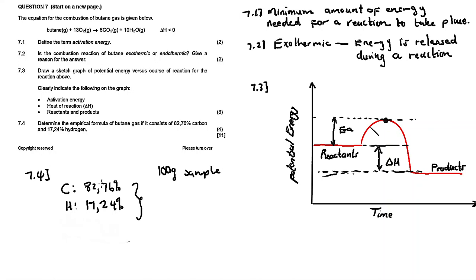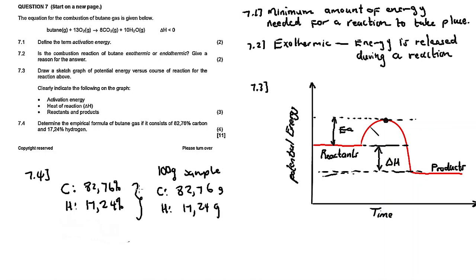So a 100 gram sample has a carbon share of 82.76 grams, and then hydrogen has 17.24 grams.